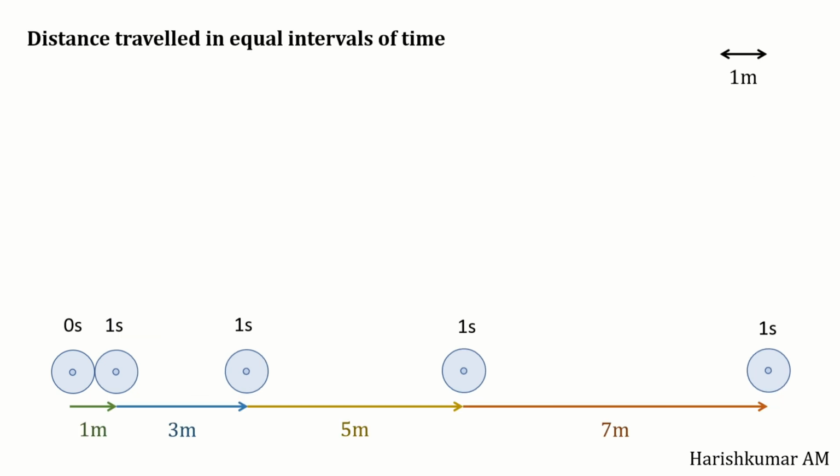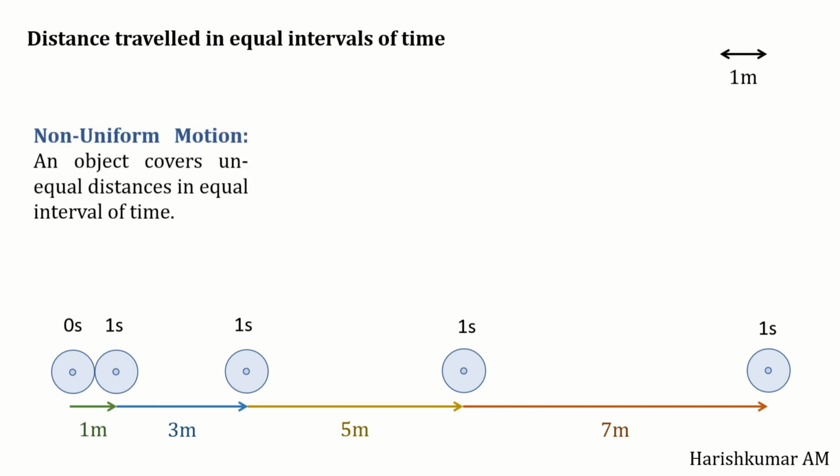Now, it is self-evident that at equal intervals of time, the object has covered unequal amounts of distance. So here comes the definition of non-uniform motion.